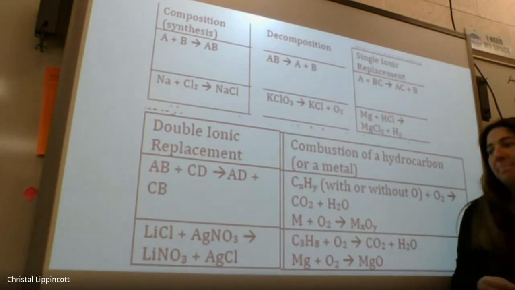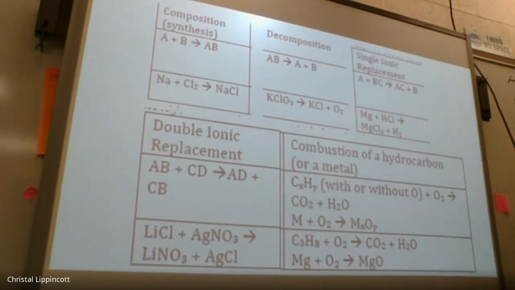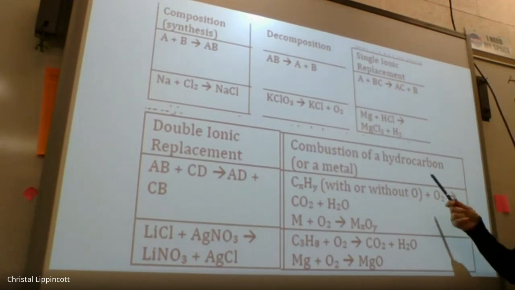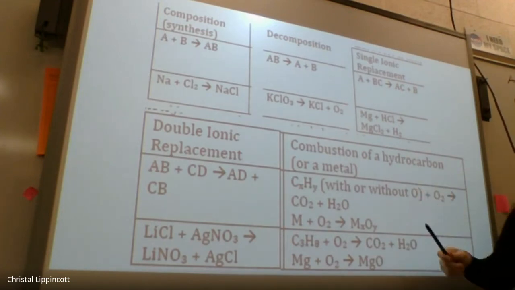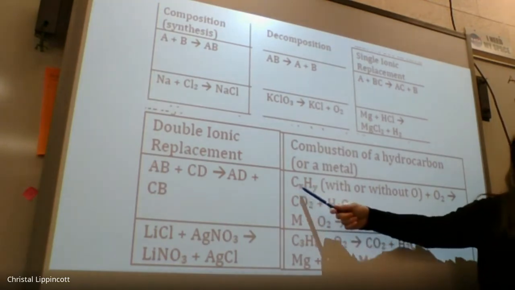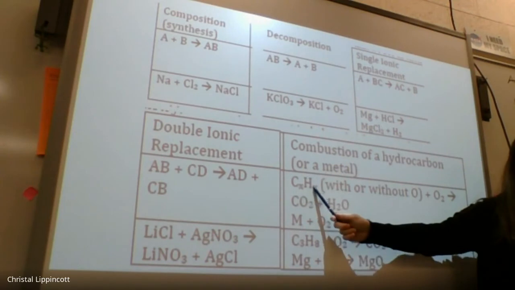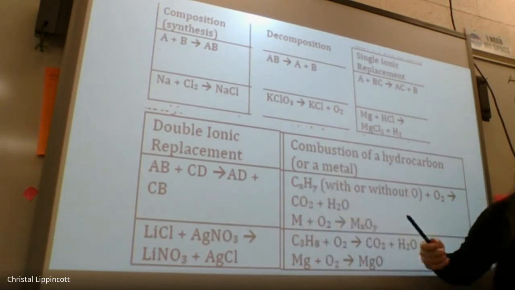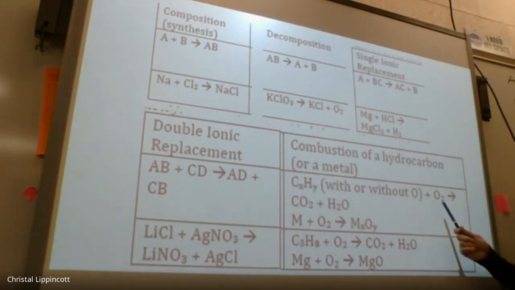Okay. All right. So, and then we've got combustion of a hydrocarbon. Remember, combustion of a hydrocarbon is a carbon, hydrogen, hydrocarbon material. It's going to burn in the presence of oxygen, okay?